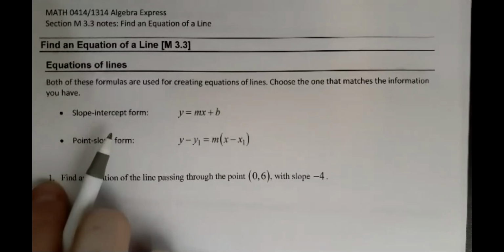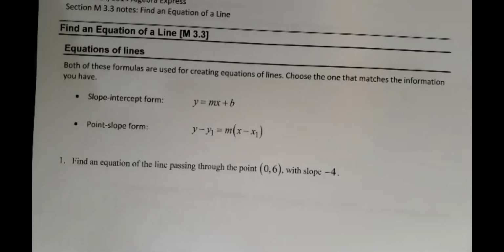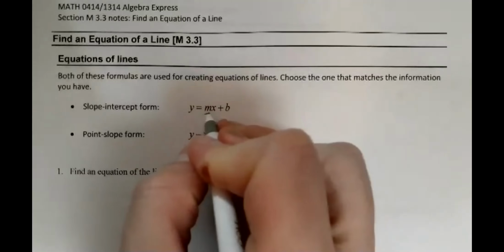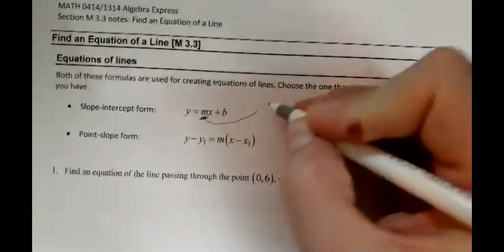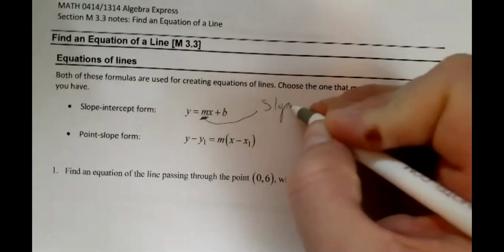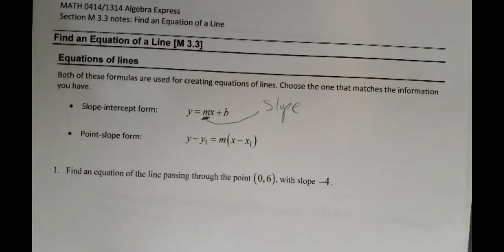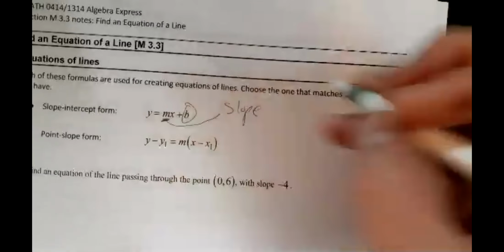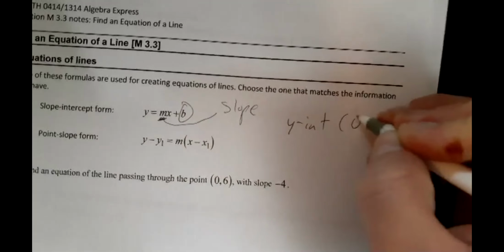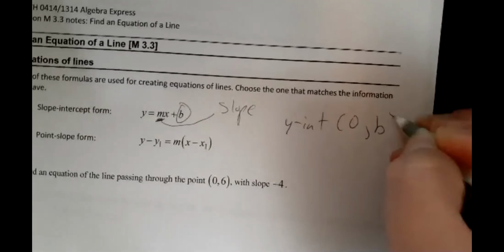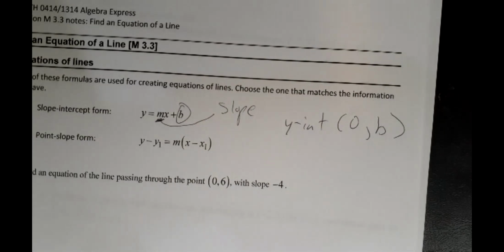This is called slope-intercept form. And if we look here, we see an M. So M is our slope. And our B is our intercept. More specifically, our y-intercept, and it's in the form of the point (0, b).